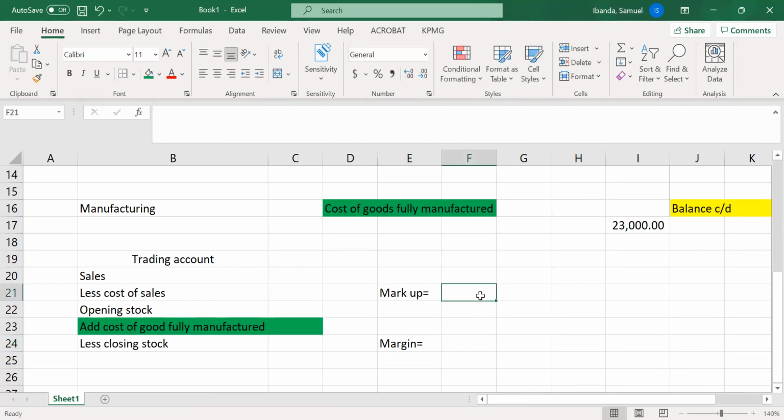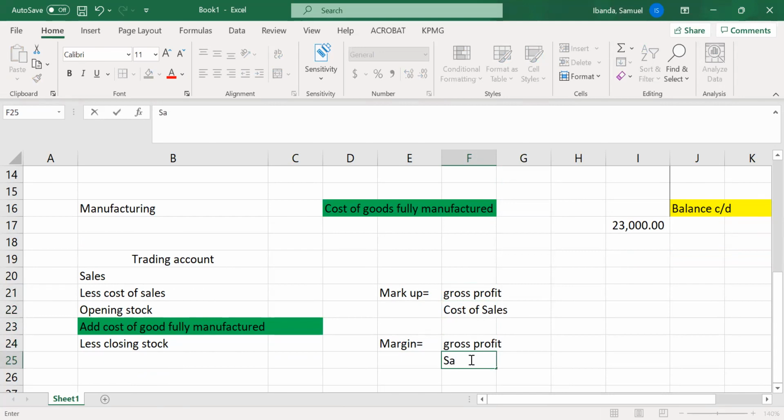Now, we know very well that markup is gross profit over cost of sales. Well, margin is gross profit as a percentage of sales. Definitely, of course, these are times 100%, because these are usually at 100%.